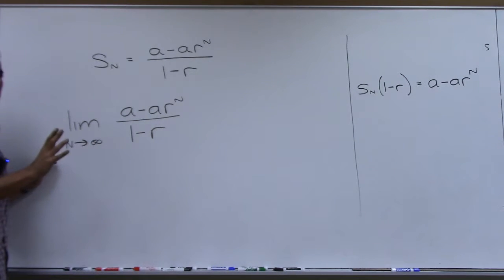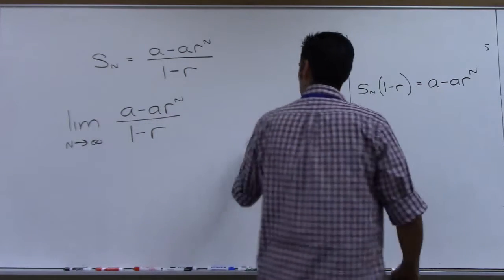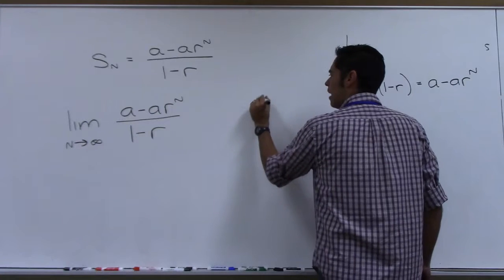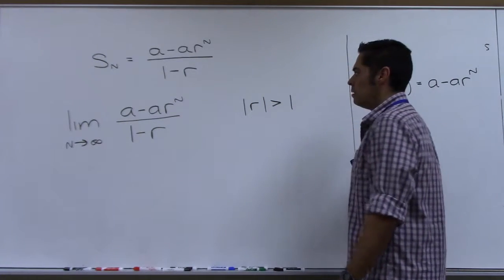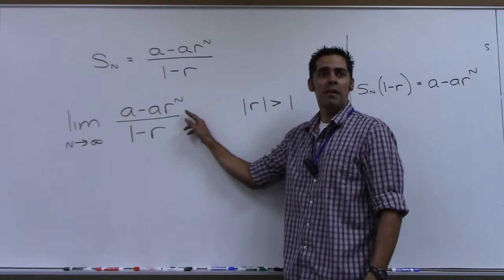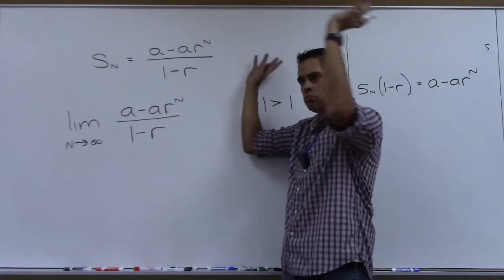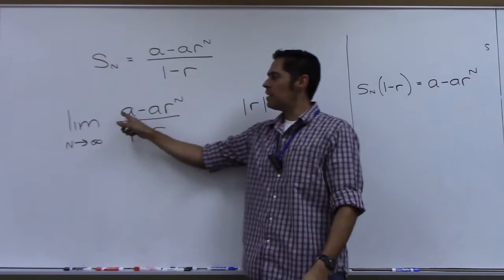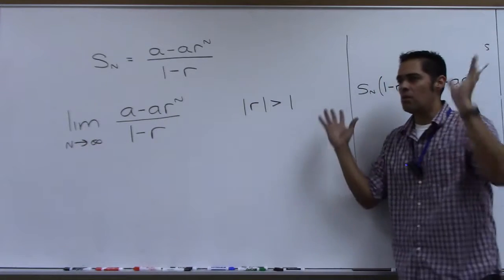Let's look at some other possibilities. What if r is bigger than 1? And I'm actually going to go further. What if the absolute value of r is bigger than 1? Then that's going to become infinite, right? Imagine plugging a number in here like 2. 2 to the infinity blows up, right? a is a fixed number, r is a fixed number. If I let r be bigger than 1, this thing's going off to infinity.